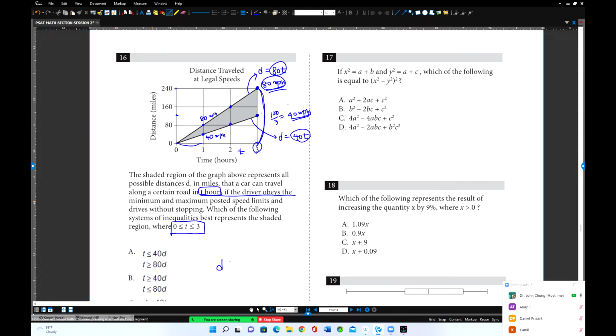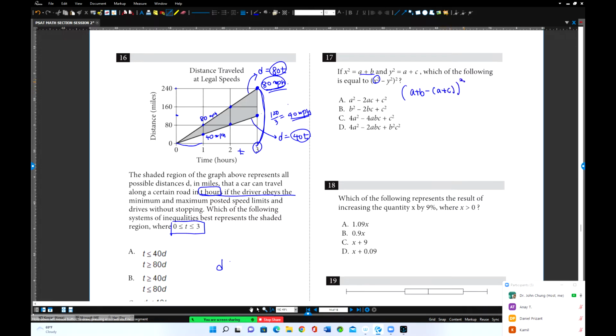Number 17 there. Which of the following is equal to this one? X squared, y squared, and another square there. Power over power. In terms of what? A and B. So that means we replace with A and B, right? X squared is A plus B. Where is the y squared? Y squared, we're going to make a right parenthesis there. A plus C. That is y squared.